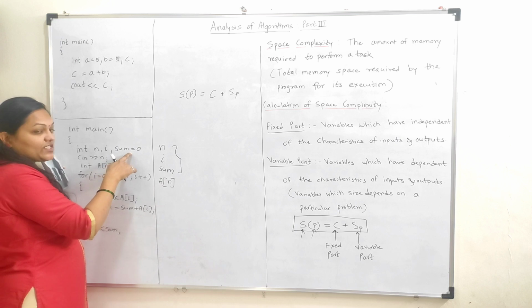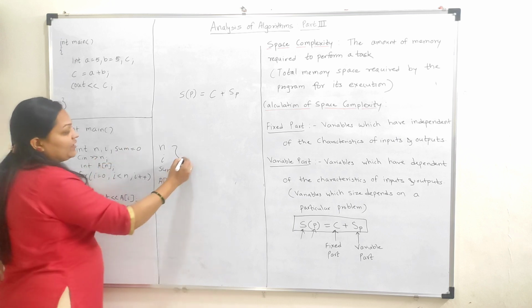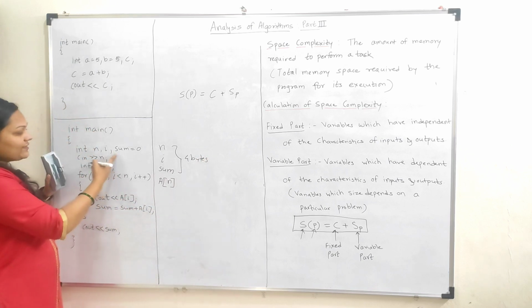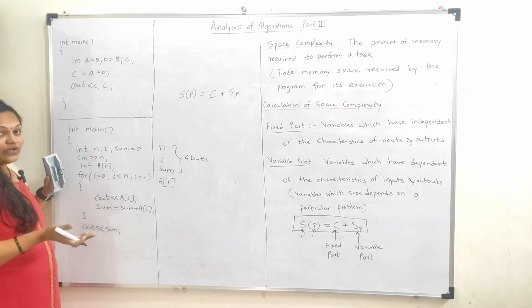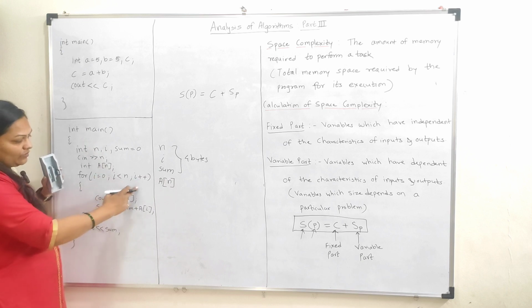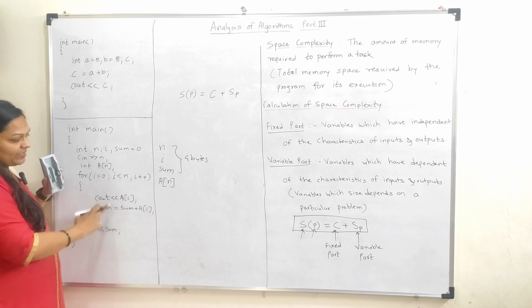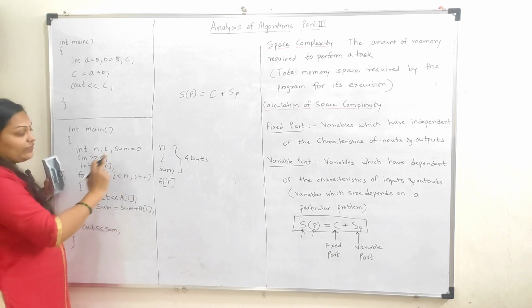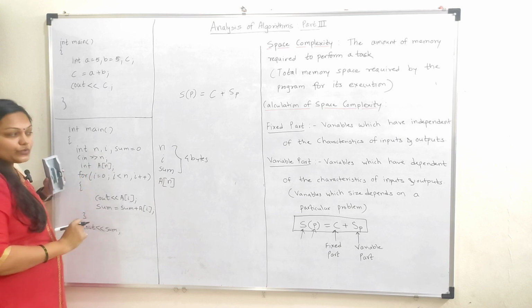To store these integer variables in the computer memory, we require 4 bytes each. This size does not depend on any other variable. I will start with 0 and every time I will increment, so this value does not depend on another variable. Same way for sum and n also.